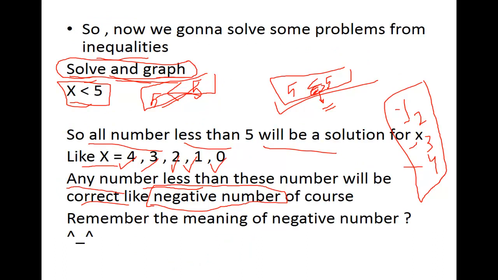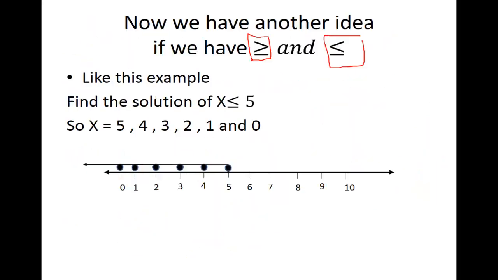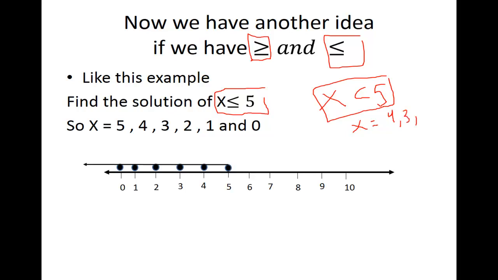What is the difference between this example, x less than 5, and this one, x less than or equal to 5? The last question was x less than 5, so x here will equal 4, 3, 2, 1, 0, and all the negative numbers, negative 1, and so on.